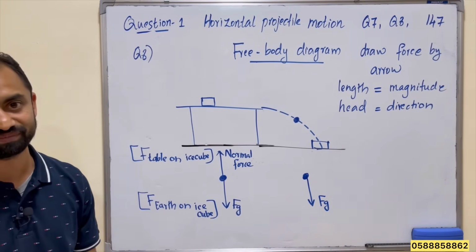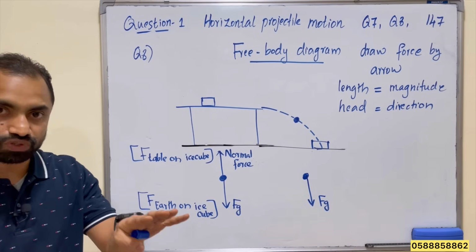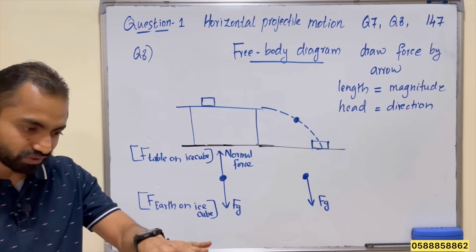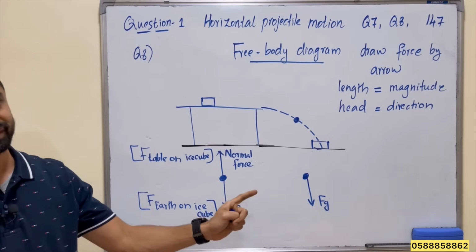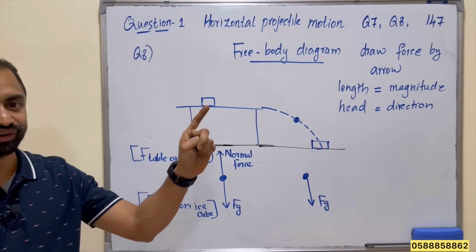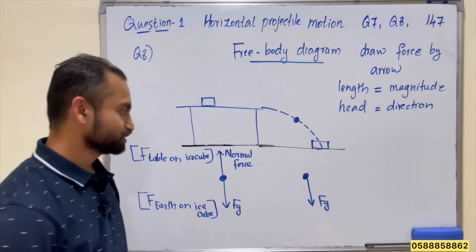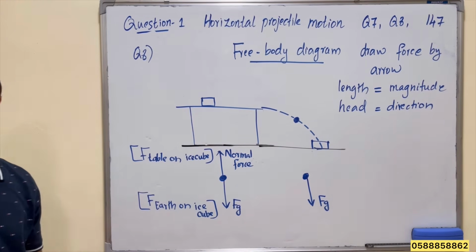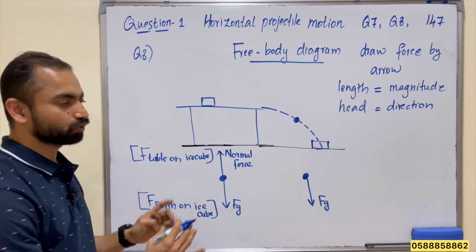Normal force acts only if the object is on the surface of another object. Now the ice cube is falling through the air, not on any surface, so there is no normal force. Okay, so this is all about the free body diagram.